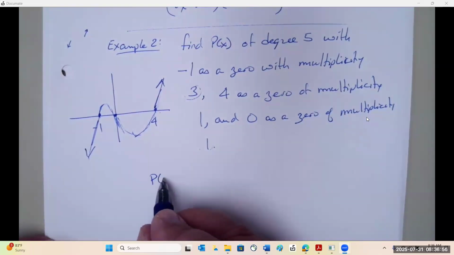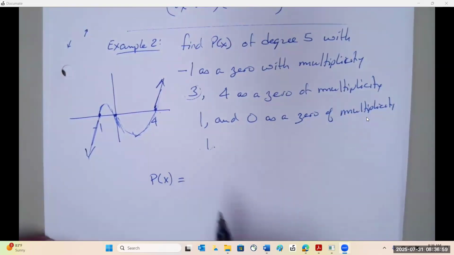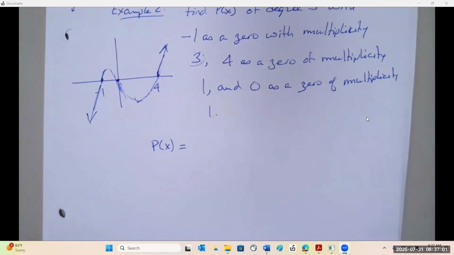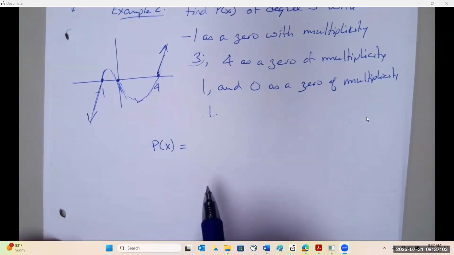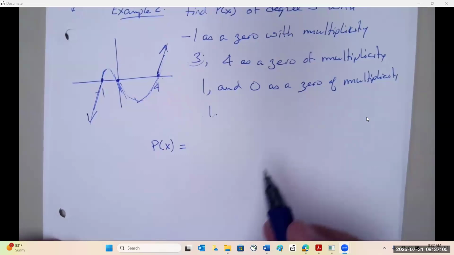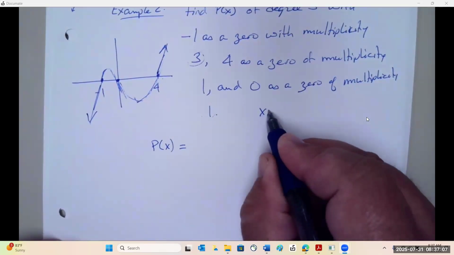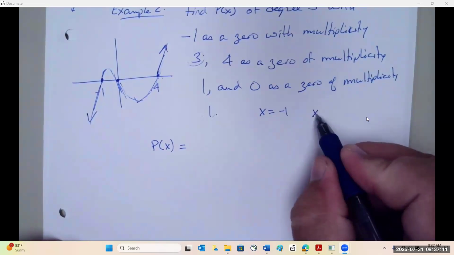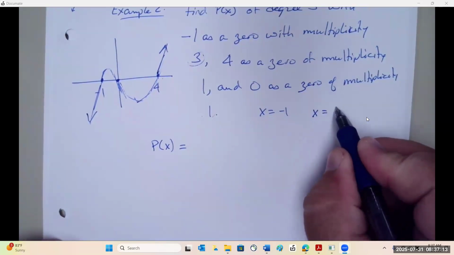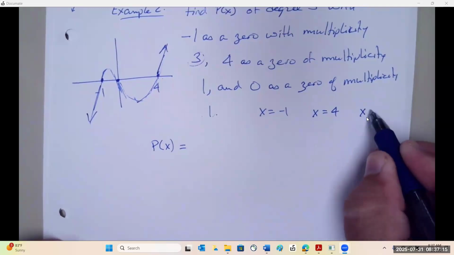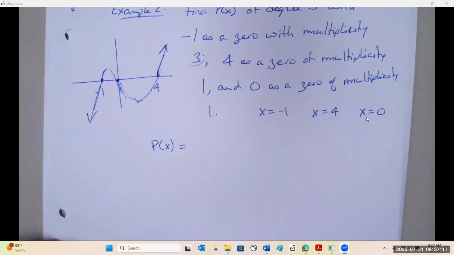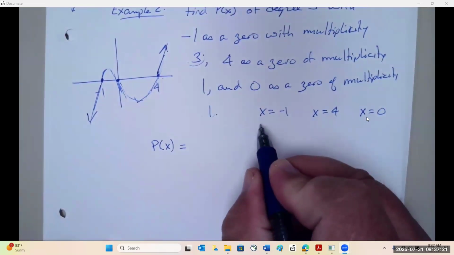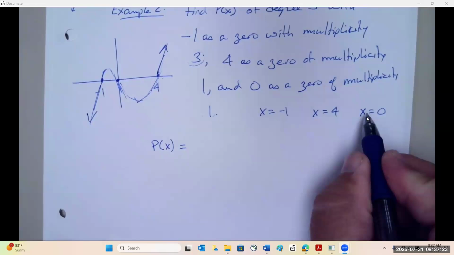So let's look at the polynomial function. So what's my first 0? x equals what? Negative 1. What's my next 0? 4. And the last one, 0. So my zeros are -1, 4, and 0.